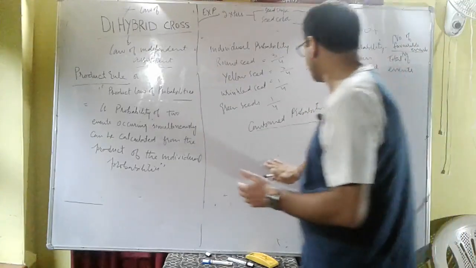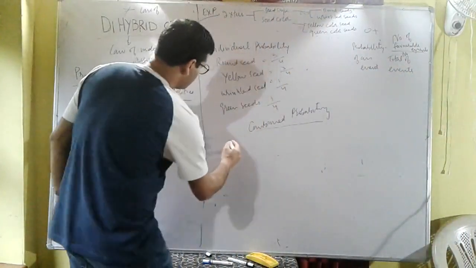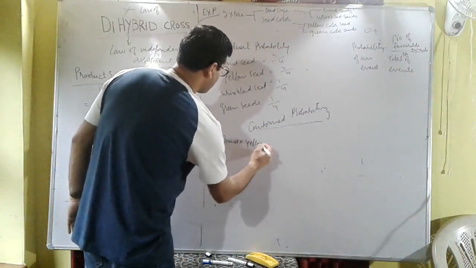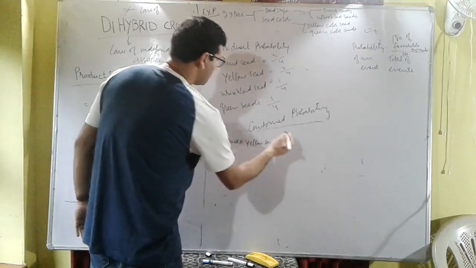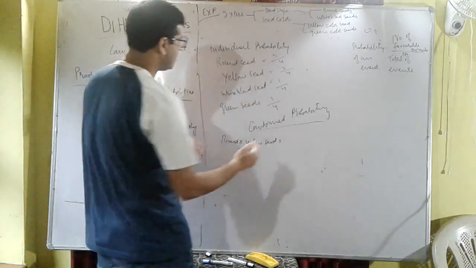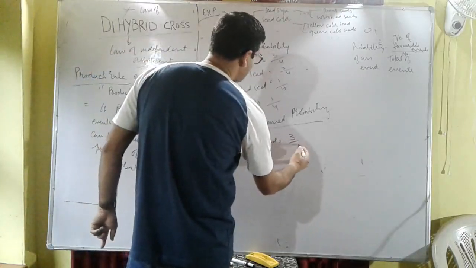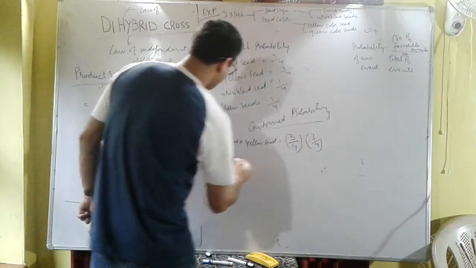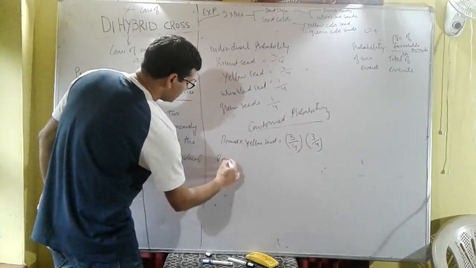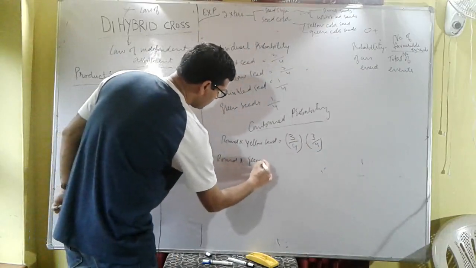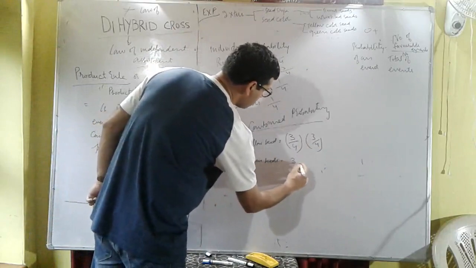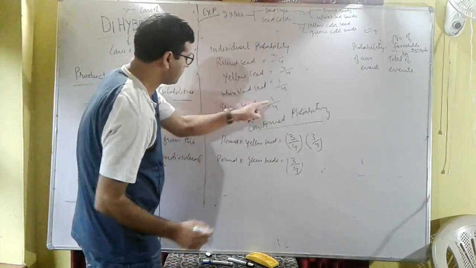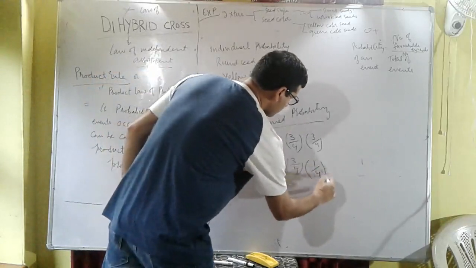We have round and yellow seeds; we take their individual probabilities. Round and green seeds: round is 3 by 4, green is 1 by 4.